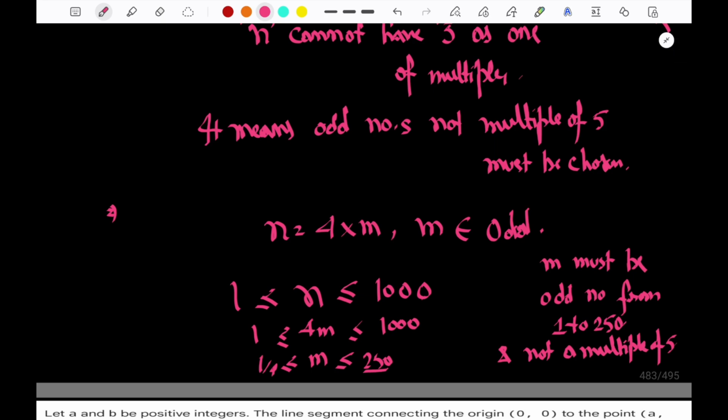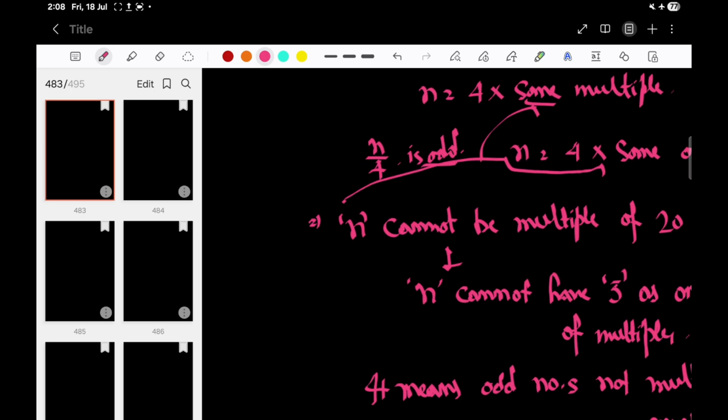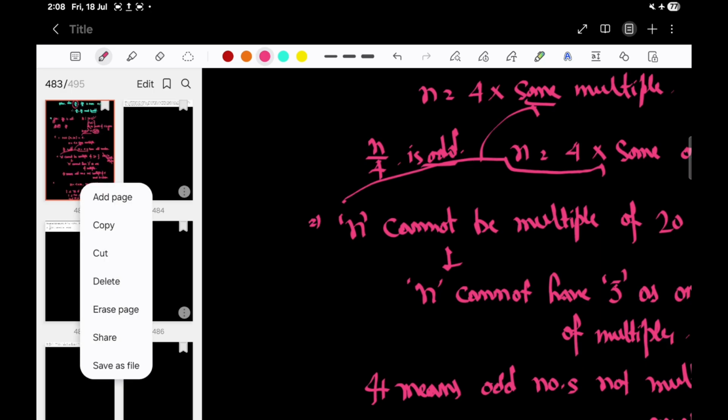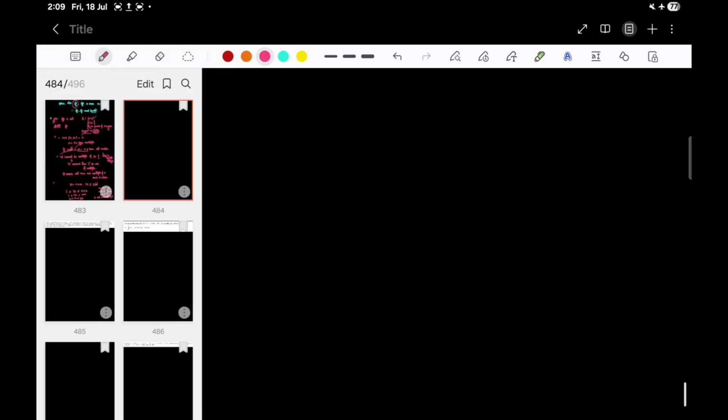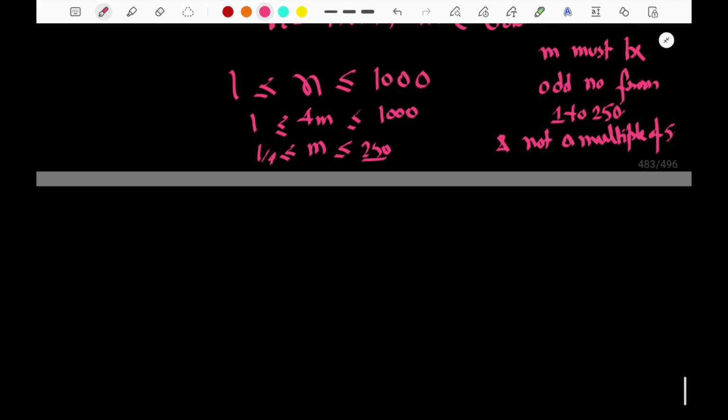First, we can count all the odd numbers. So here we count m as 1, 3, till 250. What is the total number? It will be 125. Why?